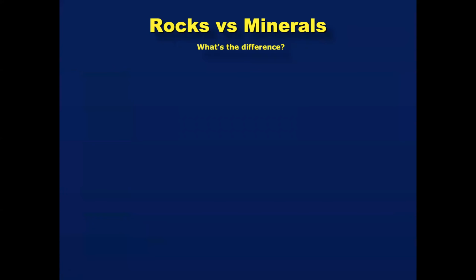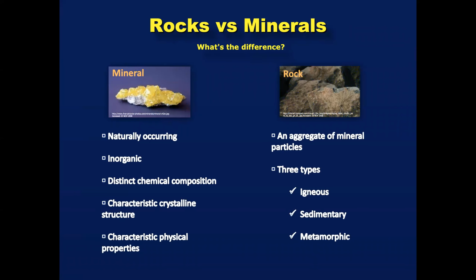And so that brings us to the issue of rocks versus minerals and what the difference between the two of them happens to be. A mineral is naturally occurring. It is inorganic. It has a distinct chemical composition, whereas a rock is just a combination or an aggregate of mineral particles.